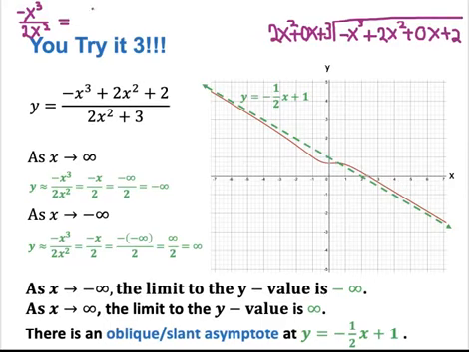So this is a negative 1 up here. So we have negative 1, and then on the bottom we have 2. And then x cubed divided by x squared. The x squareds cancel and you're left with just 1x on top. So this is right here, negative 1/2 x.